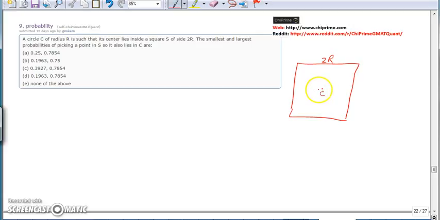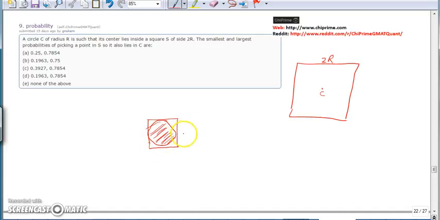Now, we're asked to find the smallest and largest probabilities of picking a point in S so that it also lies in C. It should be obvious from reading the problem that the largest probability of picking a point that lies on both S and C would occur when the overlap between S and C is the maximum, right?